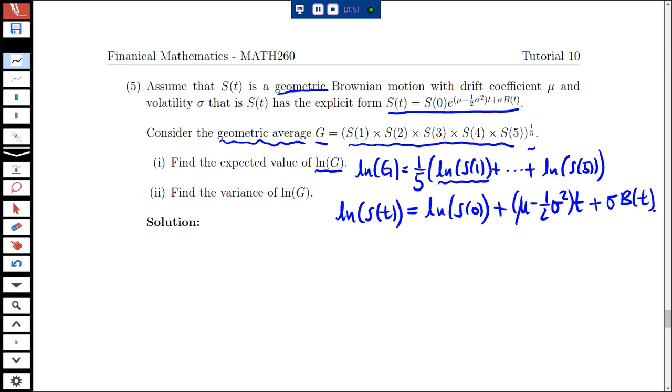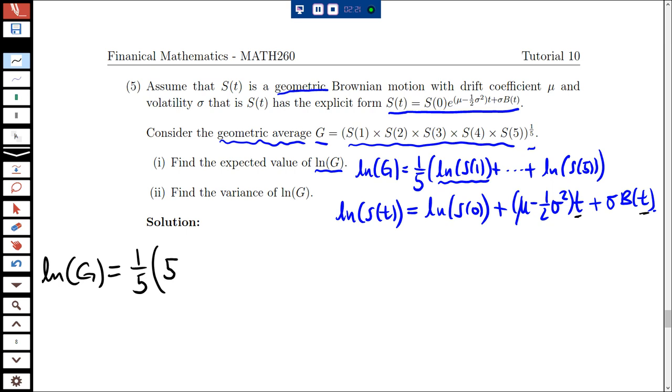So combining these two things, we have the log of g is 1/5 log of S1. Well, log of S1 using the second equation is log of S0. Substitute 1 into here and 1 into here. Okay, keep going for each of those t values as 1 to 5.